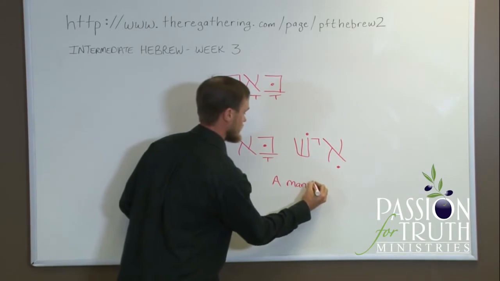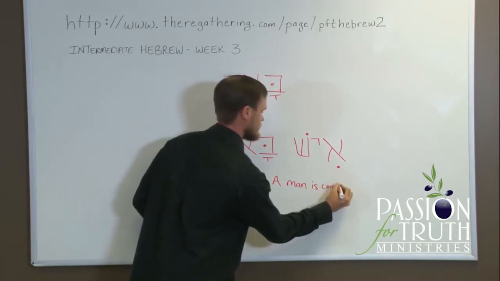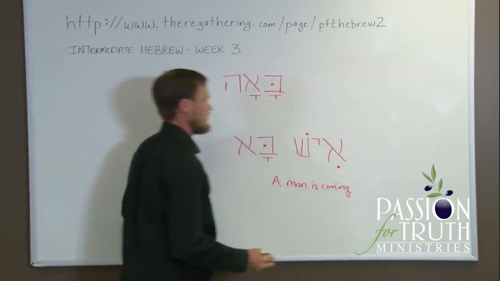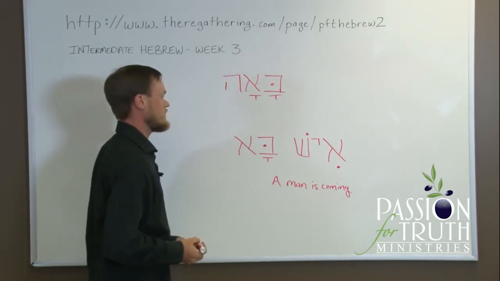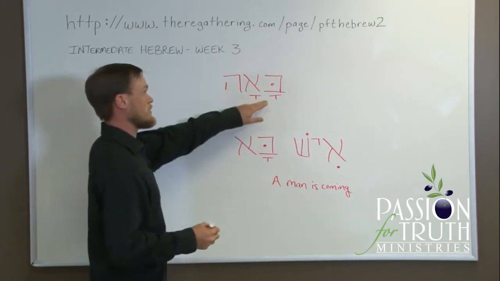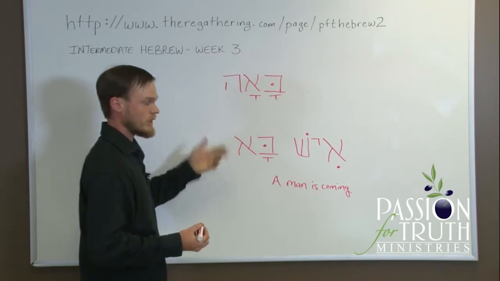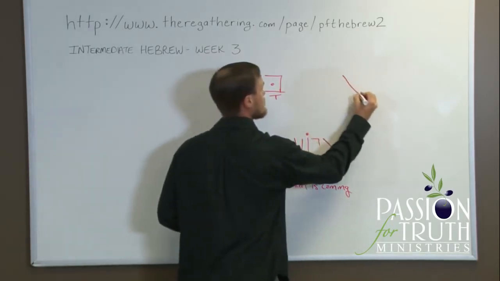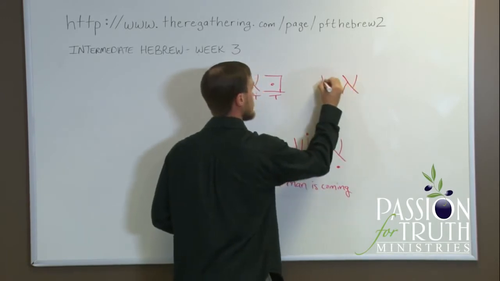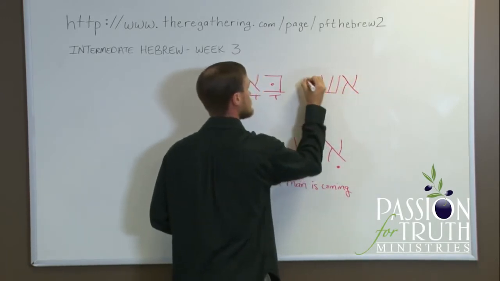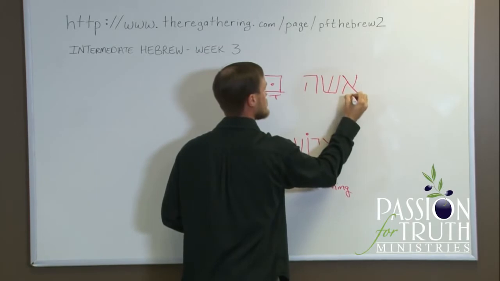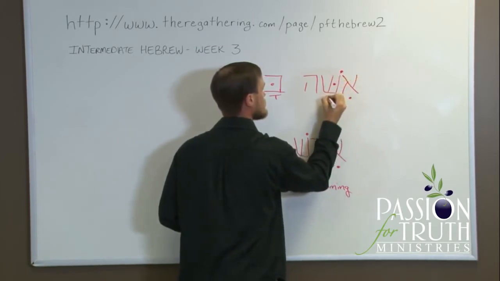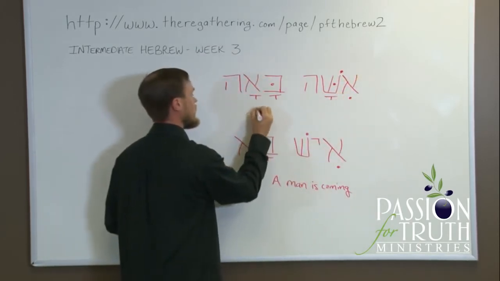That would mean a man is coming. And if we were to say isha, we would have to use ba'a because isha is a feminine noun. So to say a woman is coming, isha ba'a.